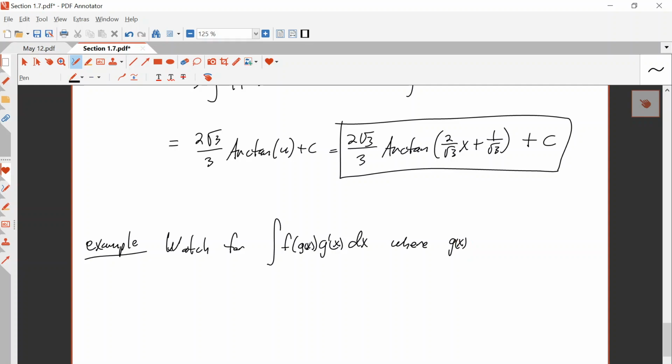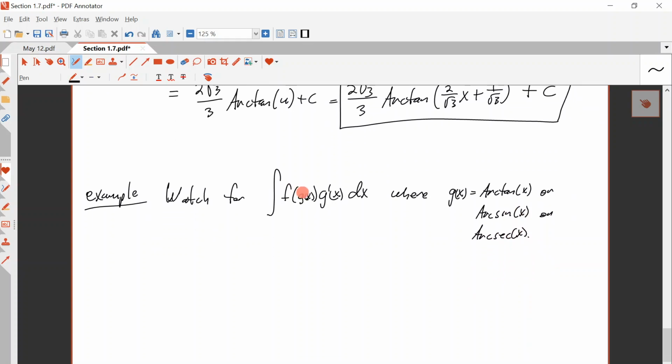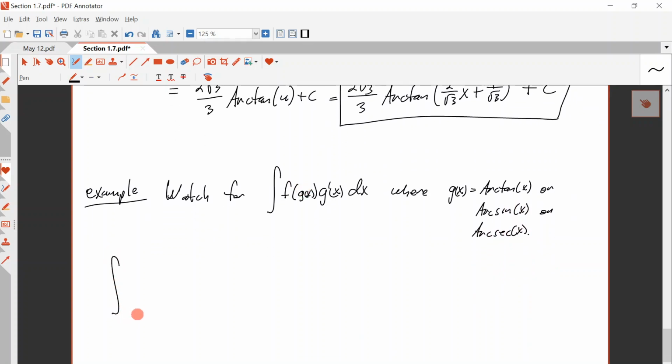So we looked at inverse trig functions on the outside of a composition. What if they're on the inside of a composition, where g of x is equal to arctangent x or arcsine x or arcsecant x. So for example, something like this.